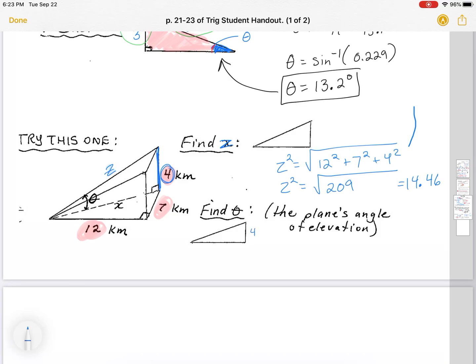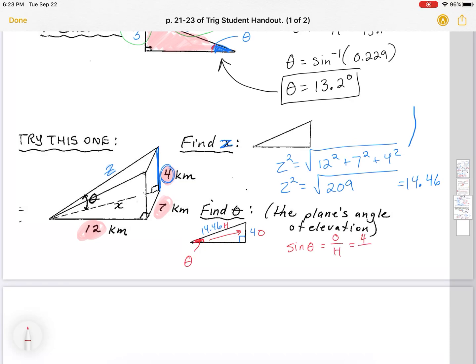Now I want to find the angle of elevation. So from this, I know that it goes up 4, right? I've just found z. So this is 4 here. It's my right angle. This is 14.46. And the angle of elevation is going to be this angle right in here.